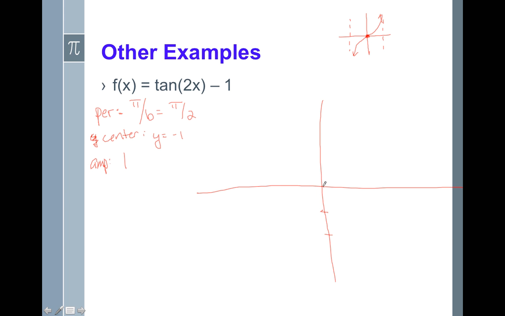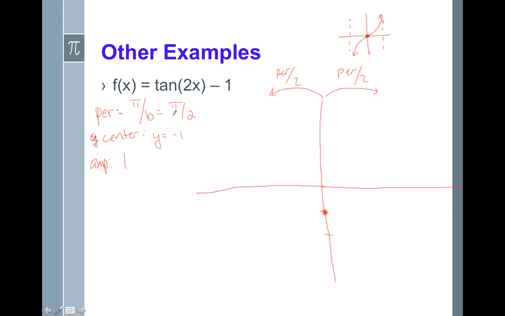Instead of going through 0, 0, I'm going to go down 1, and it's going to start here. And what I've done is the center of 1 period, which means I need to go half the period this way, and half the period this way in order to find my 2 asymptotes.